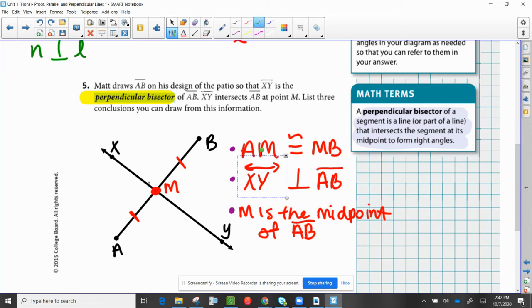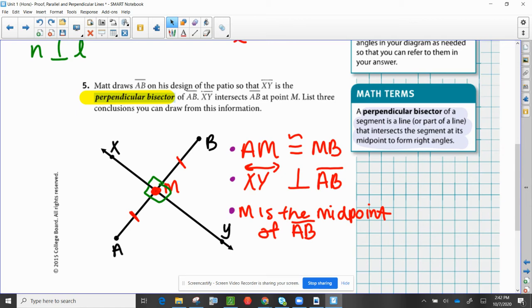But what makes it special is it bisects it at a 90-degree angle. So a perpendicular bisector makes perpendicular lines, 90 degrees all around here. And it bisects that segment at the midpoint, making sure that you have two congruent parts. So there's all the conclusions that we can make about a perpendicular bisector.